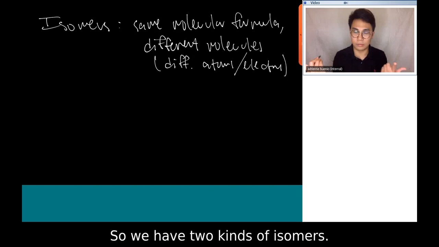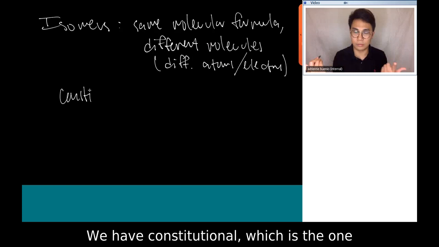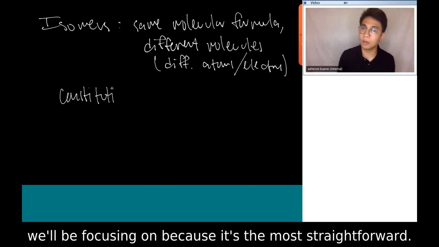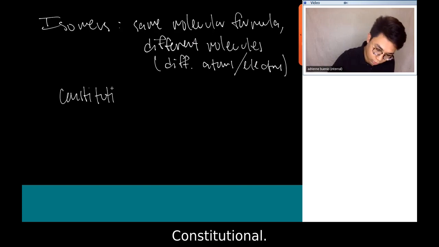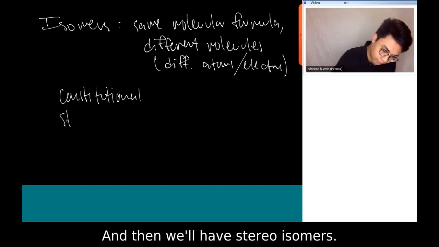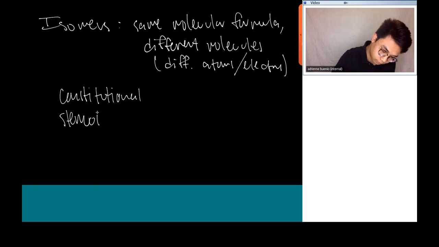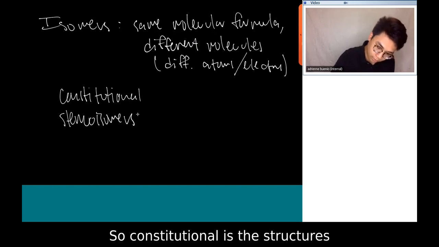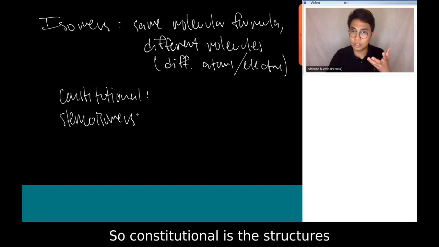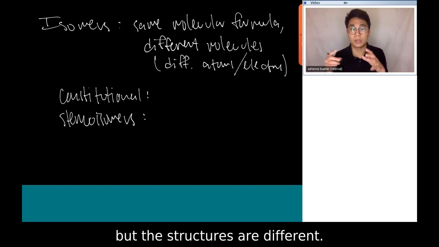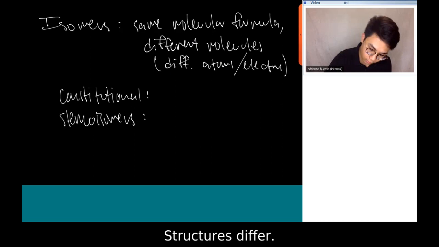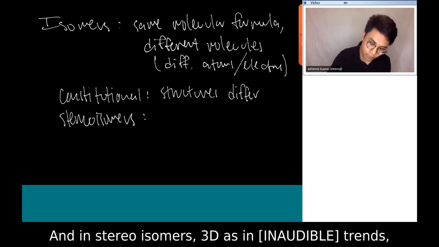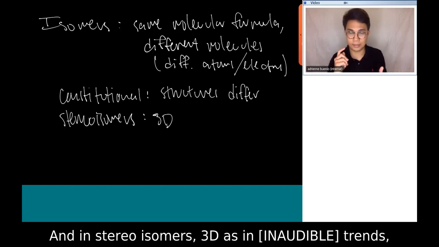We have two kinds of isomers. We have constitutional, which is the one we'll be focusing on because it's the most straightforward, and then we have stereoisomers. Constitutional isomers have the same molecular formula, but the structures differ. In stereoisomers, the 3D orientation differs, as in cis, trans, things like that.